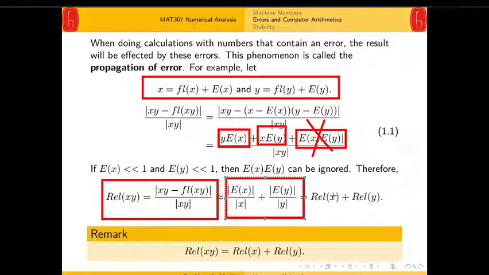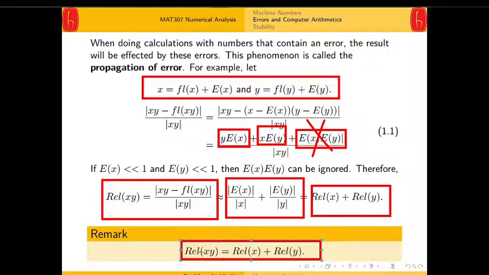So the relative error of the product x times y will be equal to the relative error of x plus the relative error of y. This is the propagation of error. Say the relative error with x is some number and the relative error for y is another number; the error will accumulate and propagate when we apply operations on these numbers.